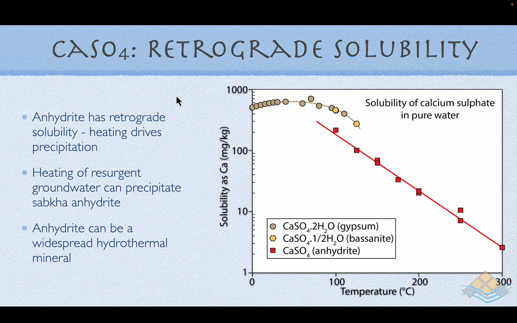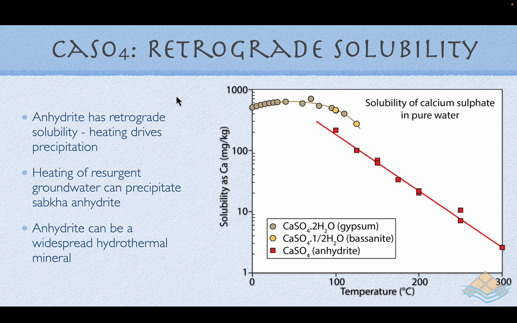That has significant effects. It explains why we form nodular anhydrite in many coastal sabkhas where we have resurging calcium sulfate saturated groundwaters rising and heating and hence precipitating anhydrite nodules.